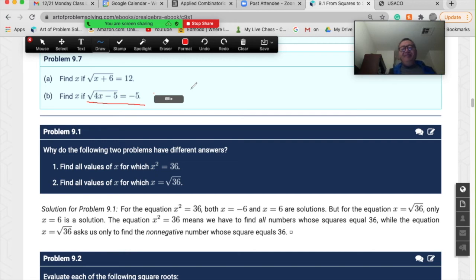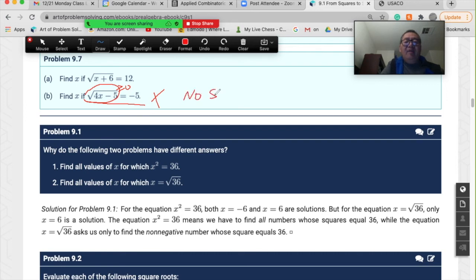Why? Oh, because it can never equal like -5. Correct. Because the left side is always greater than or equal to 0. The right side is a negative number. This one will never happen. So that means this one has no solution.